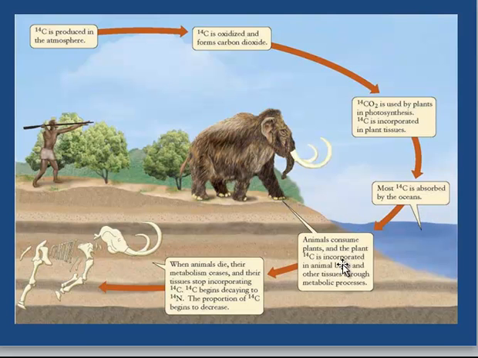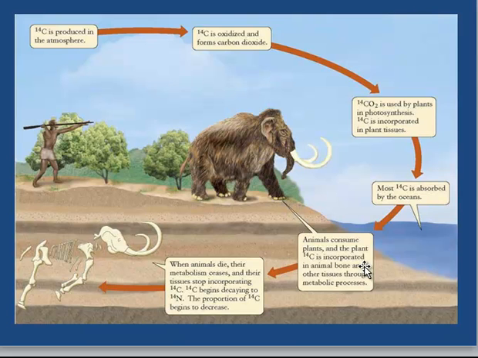To go back to the land, the animals consume the plants, some of which are radioactive, have a little bit of this low-level radiation derived from carbon-14, and that's incorporated into the animal bone and other tissues through various metabolic processes.